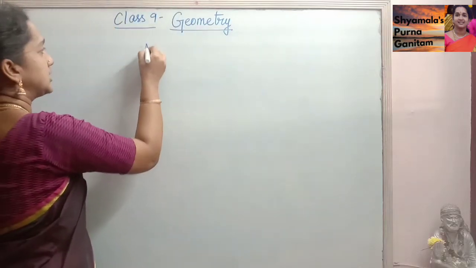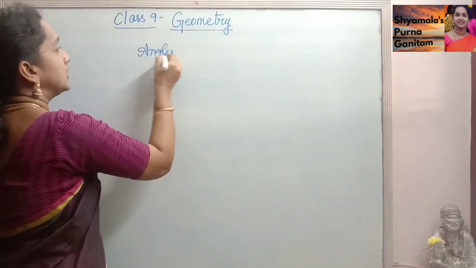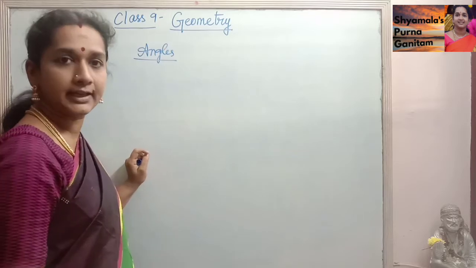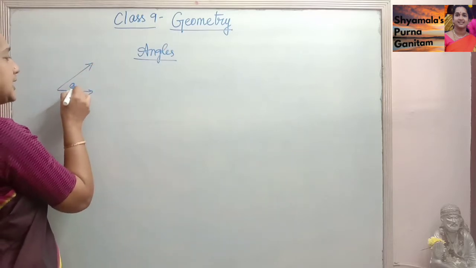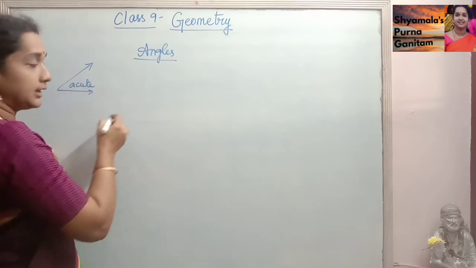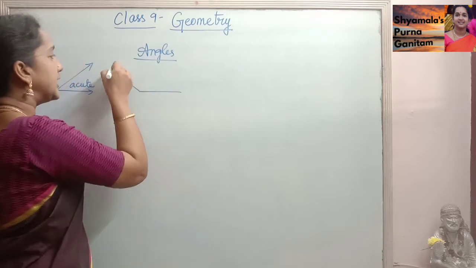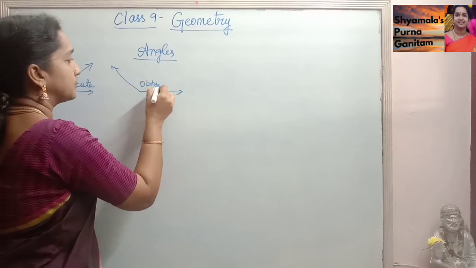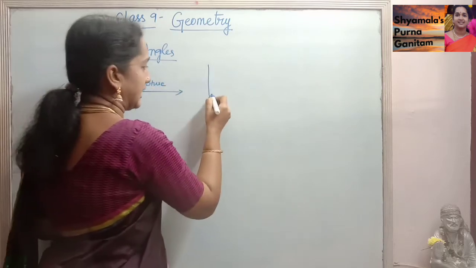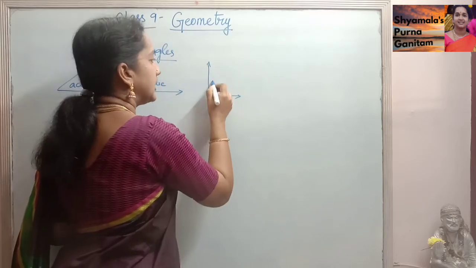First, if the angle is less than 90 degrees, we say that it is an acute angle. Less than 90 degrees is an acute angle. If we get an angle more than 90 degrees, that is an obtuse angle. Exactly 90 degrees is a right angle.